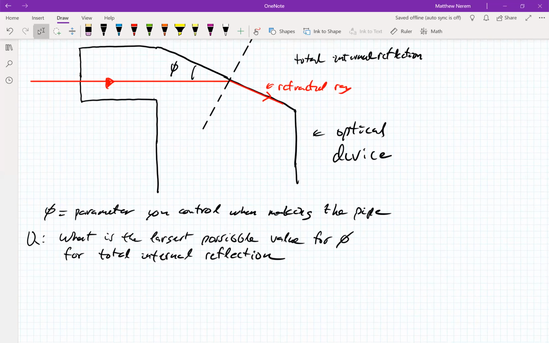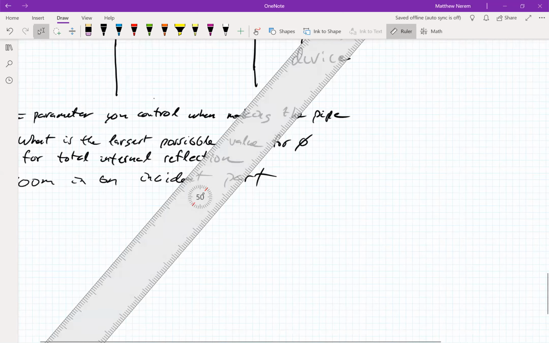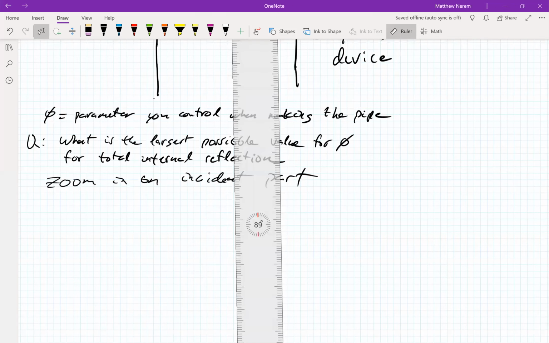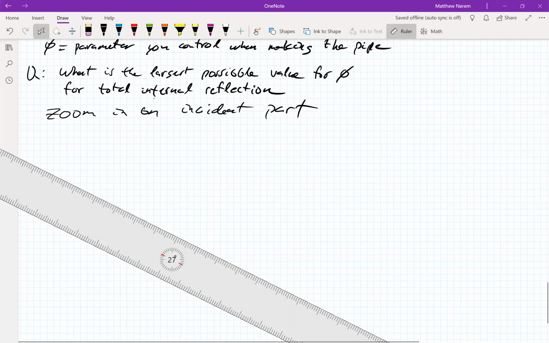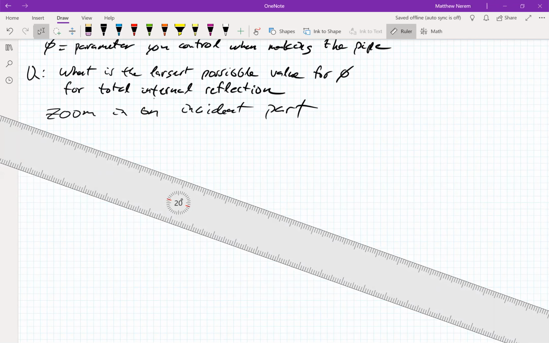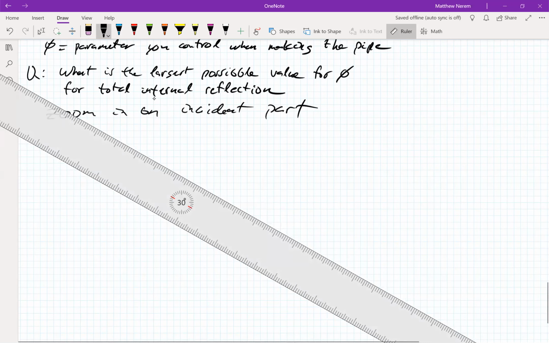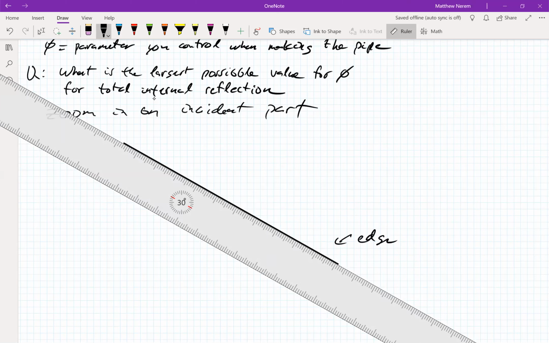So what I'm going to do is zoom in on this, right? I'll just redraw it. And we'll use a nice straight edge this time. So it does not have to be 20 degrees. I'm just doing this for illustrative purposes. We're going to have, let's do 30. All right. So that's the edge of the light pipe.